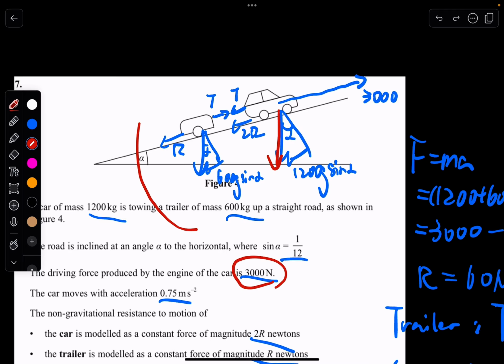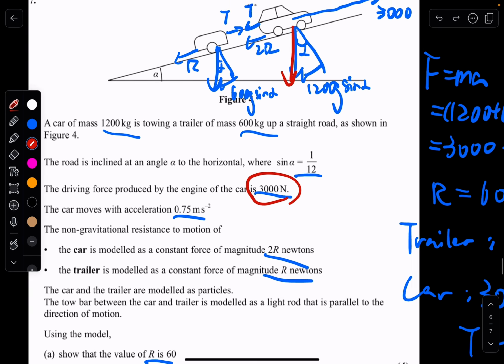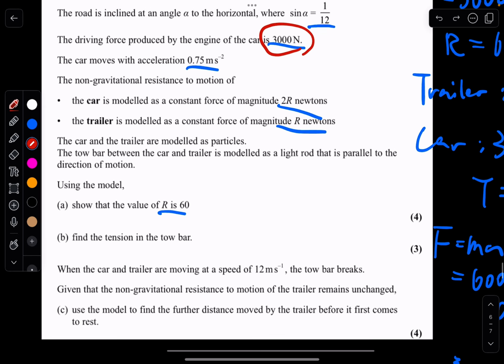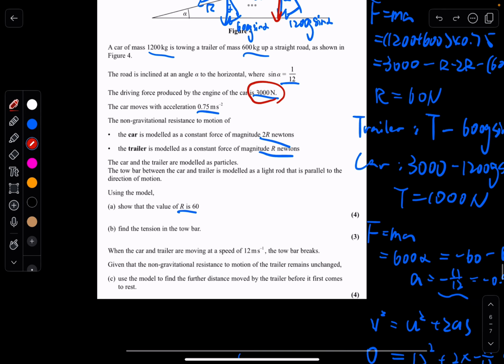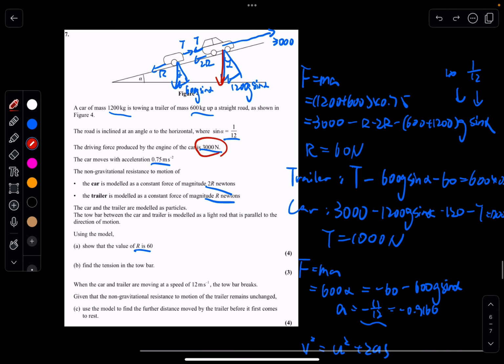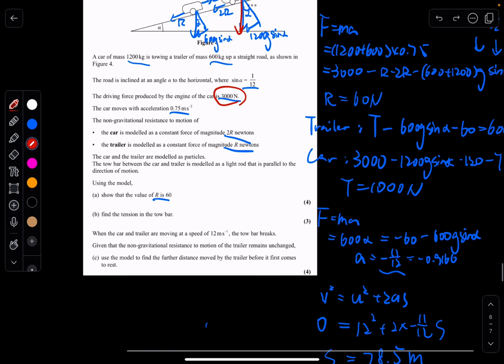For part B, you have to isolate two systems and then solve them simultaneously. This is the kind of question that will appear. And then for part C, they have all sorts of questions, so I can't really give advice.